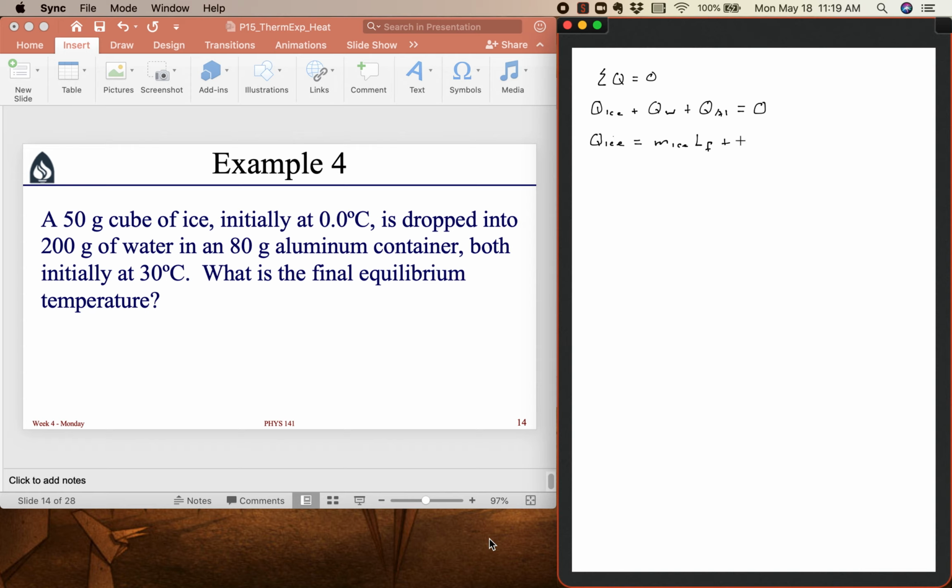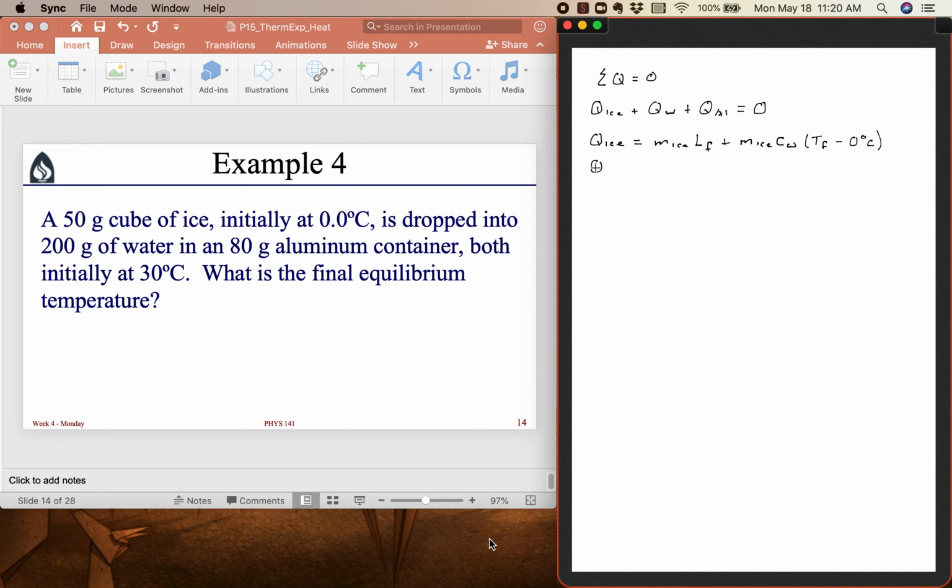So then we have to add to that the mass of the ice times the specific heat of water, because once it finishes melting it becomes water, times the final temperature, and this is the final temperature of everything since everything comes to equilibrium, minus where the ice water starts out, which is at 0 degrees Celsius. So that would be the heat exchange for the ice.